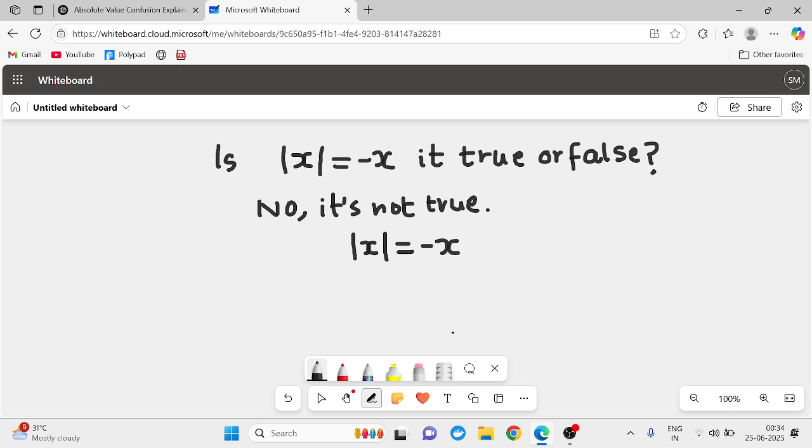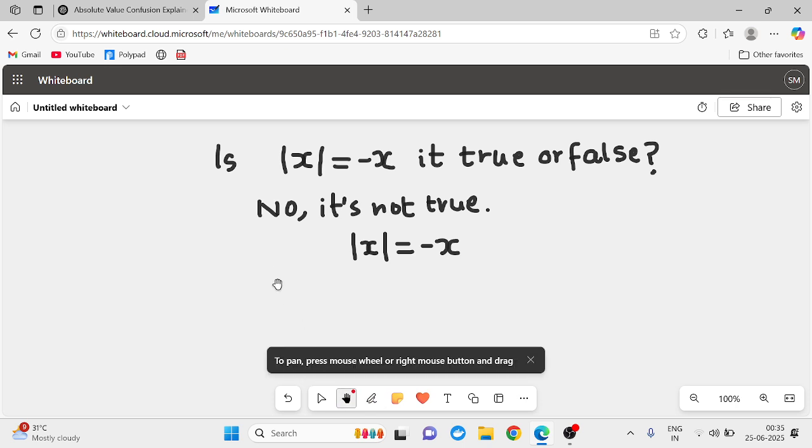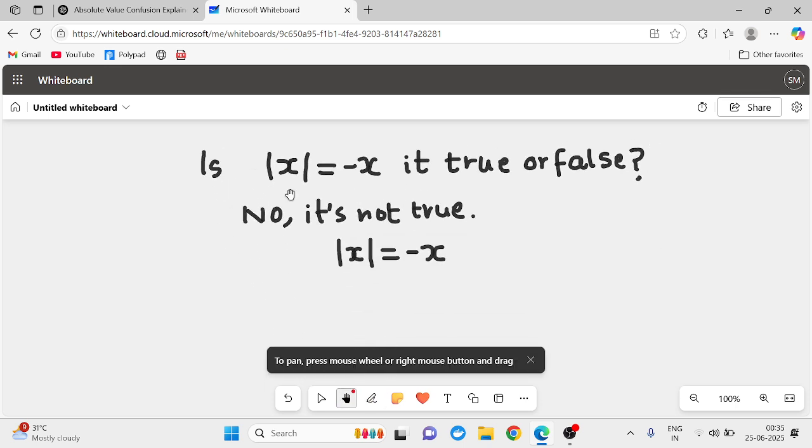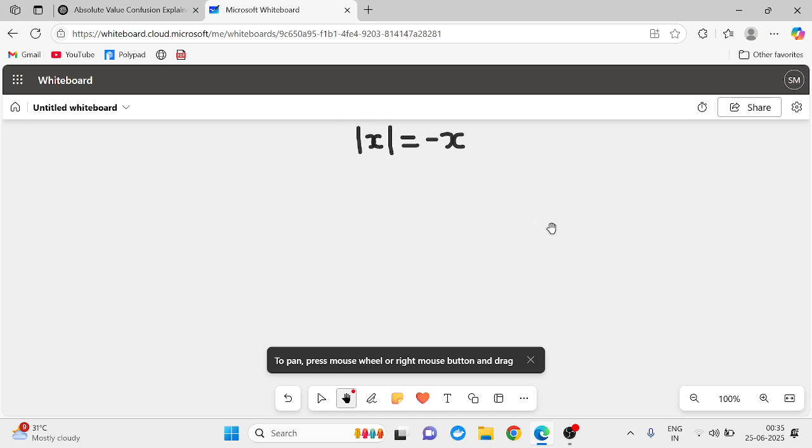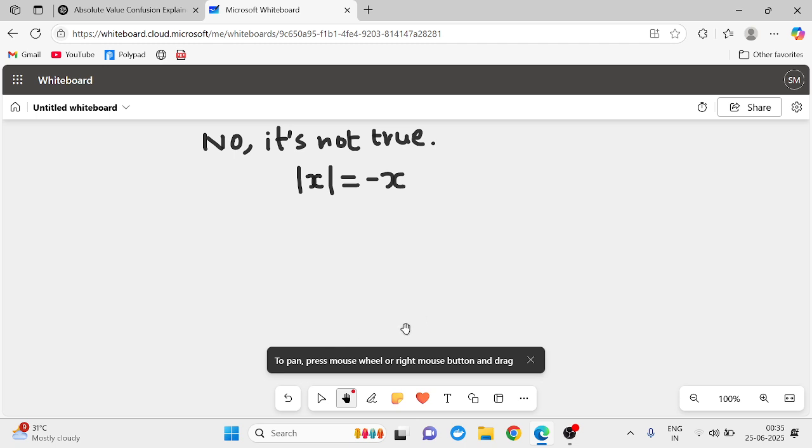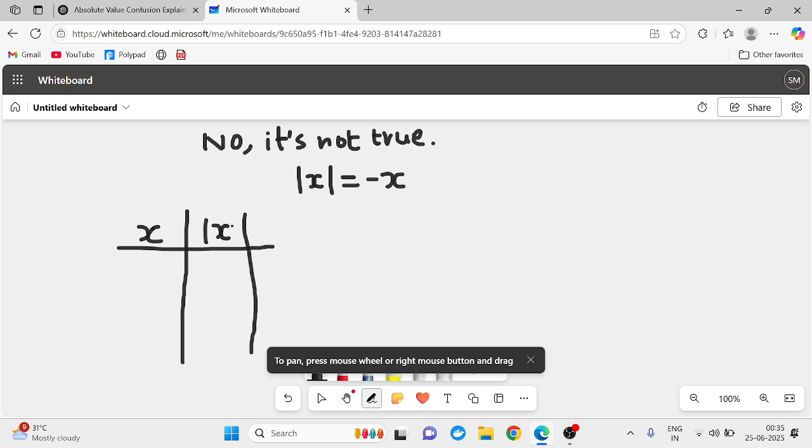What is mod x? What we'll do in this case is check for some values whether it holds. We'll take x and draw a vertical line, try to make a table, and here I'll put mod of x, and here I'll put another line and put minus of x.